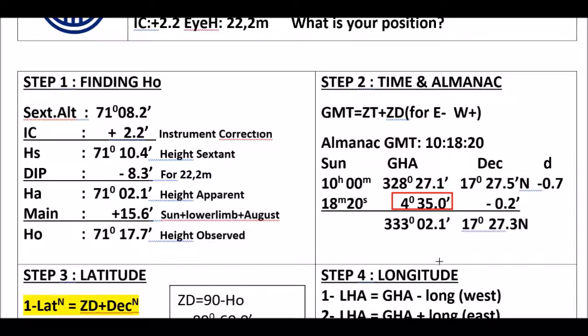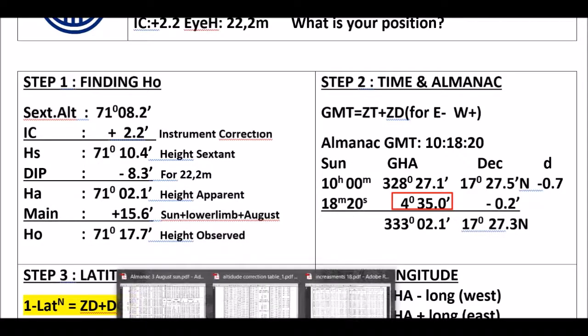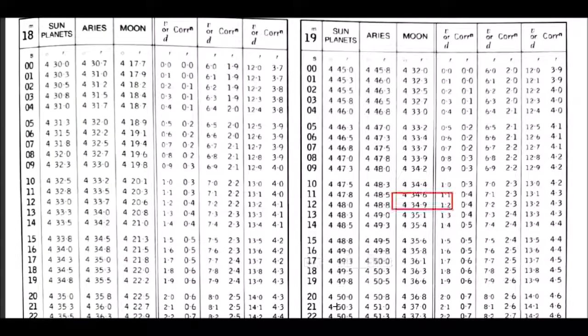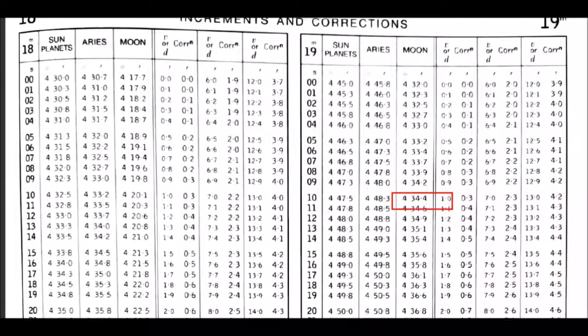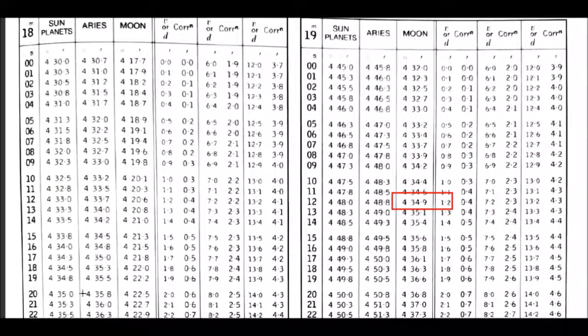You can make an interpolation and you can find easily 4 degrees 35 minutes. Or the other way, you can look at the increments page at the rear of the Admiralty Almanac, and you find in the yellow pages 18 minutes and 20 seconds.